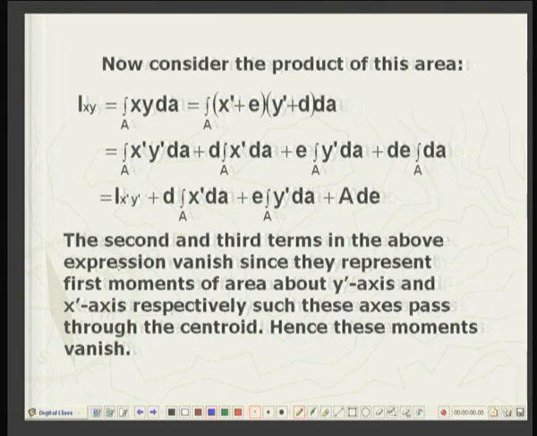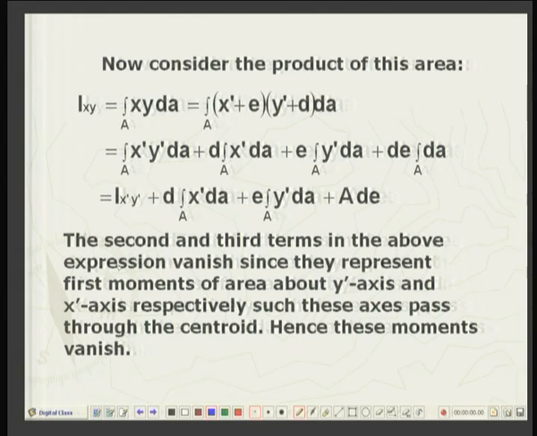Again simplify this bracket and we will get this quantity, the product of area in the old coordinate system, that is I x dash y dash and area times D into E.